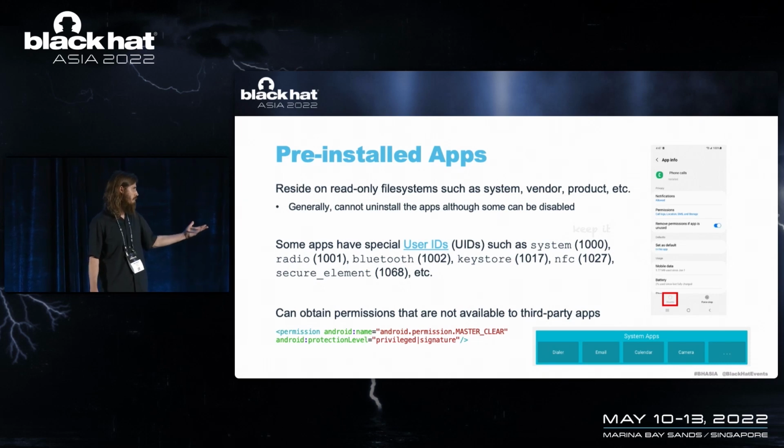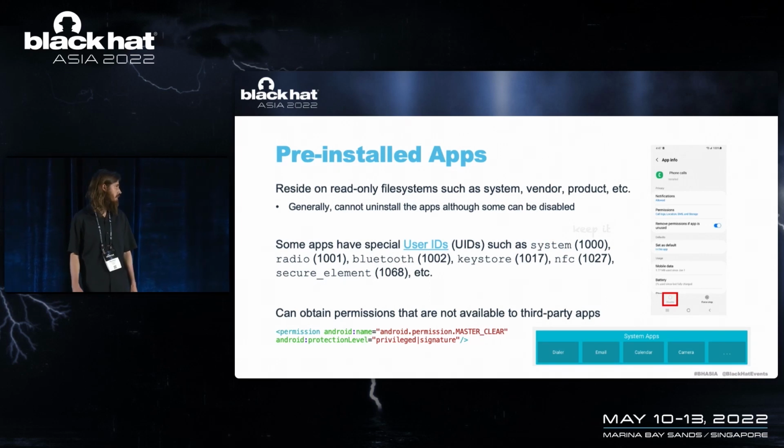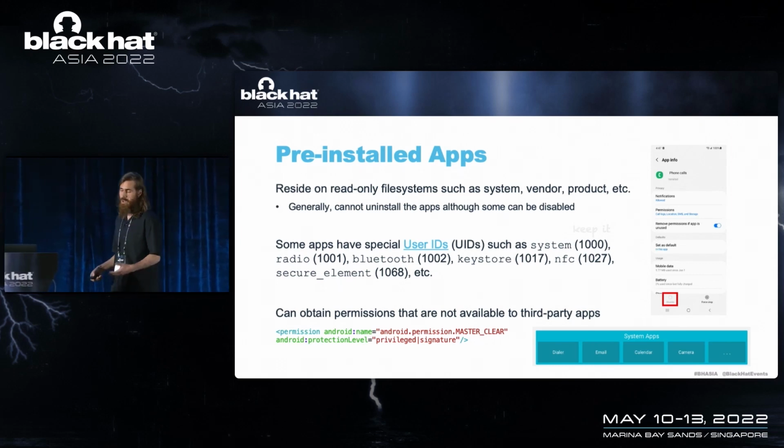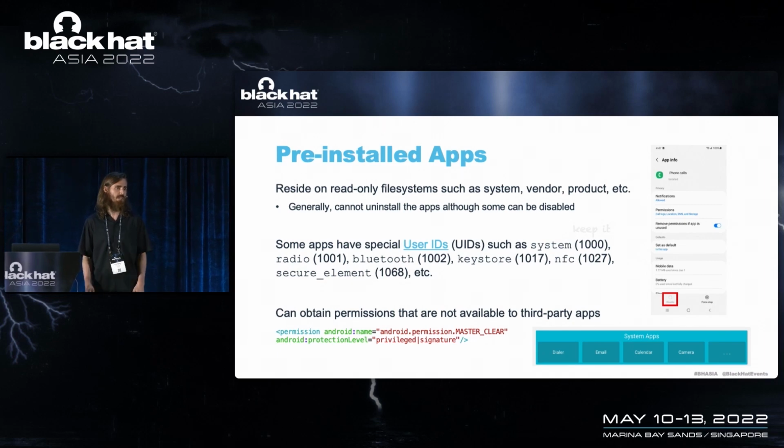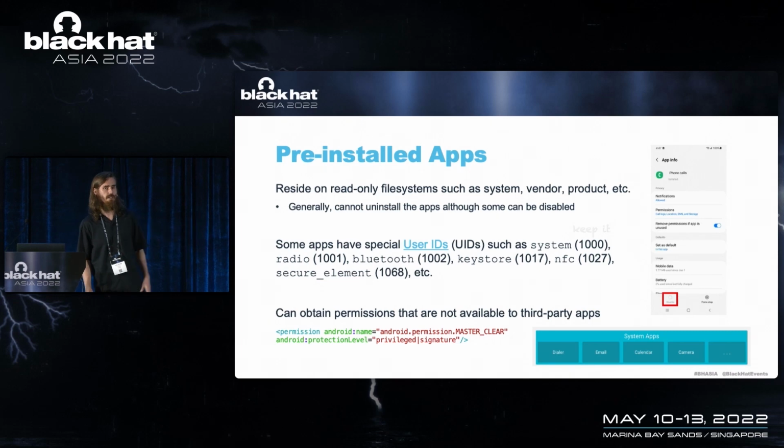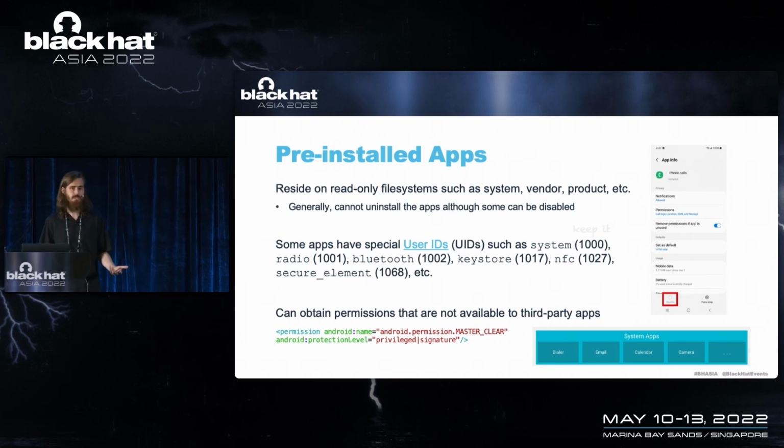An example of a permission that a third-party application cannot obtain is the master clear permission. It has a protection level of privileged and signature. Privileged is just a pre-installed application. And signature requires that for an application to get this permission, it has to be signed with the same cryptographic key as the application that declares it. And this is declared in the Android framework, which runs as a system user.